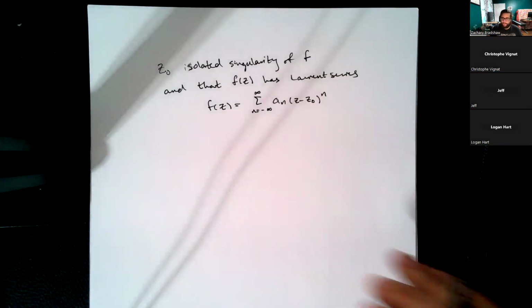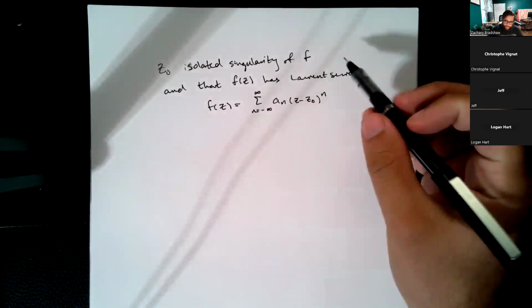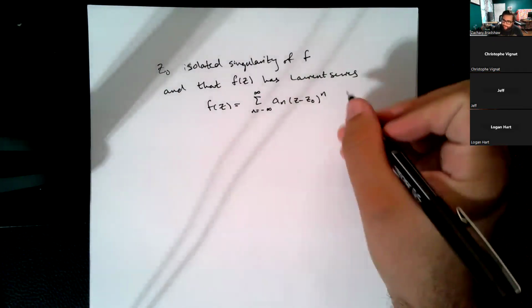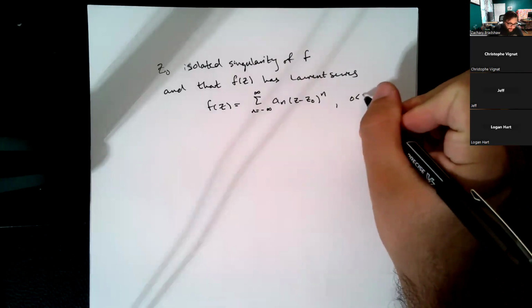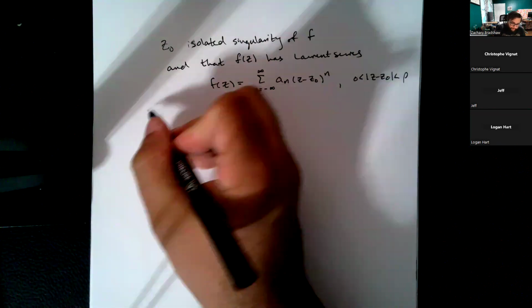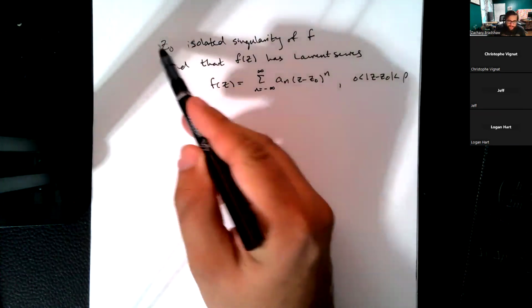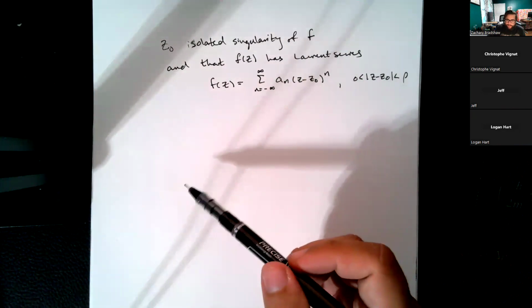Maybe infinitely many of them are non-zero, in which case you have an essential singularity. Maybe they're all zero, in which case you have a removable singularity. And we're going to assume that this holds in the punctured disk of radius rho for some rho. Why the punctured disk? Because we have a singularity there, and we assume it's isolated, so there's not another one nearby, and there's no reason to think about an annulus because we're analytic within a neighborhood of z0.